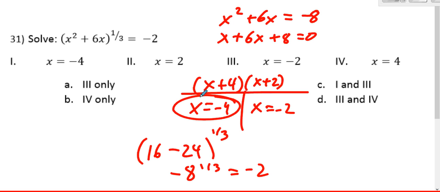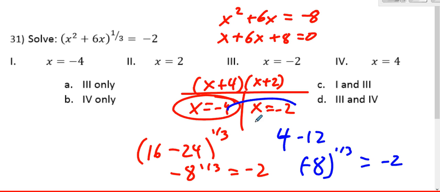That's true. You do the same thing with the negative 2. You plug that in, you get positive 4. And then 6 times negative 2 is negative 12. That's also negative 8. And we know negative 8 to the 1/3 is negative 2. So they're both true. Negative 4, negative 2. That's 1 and 3.